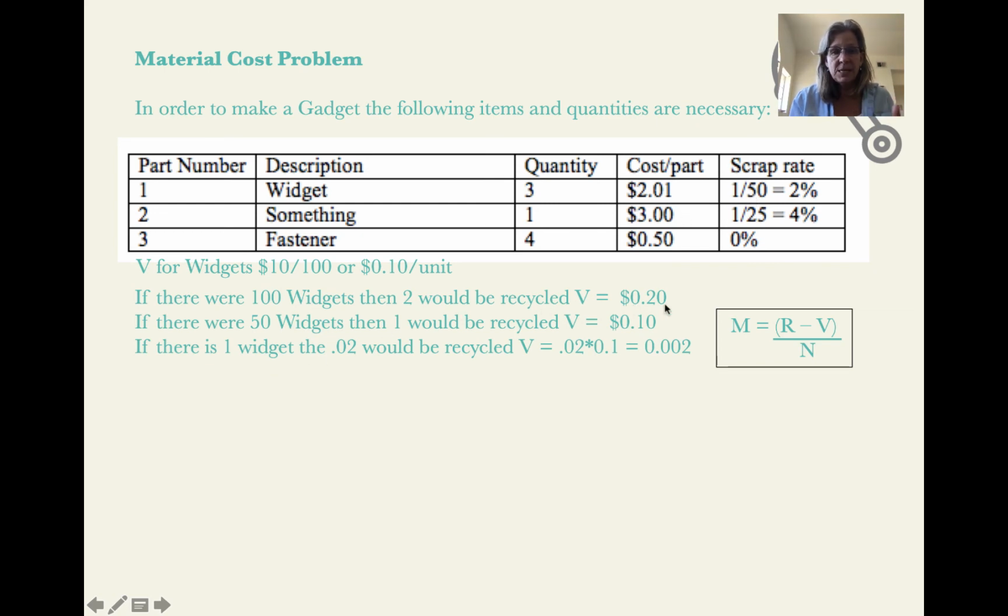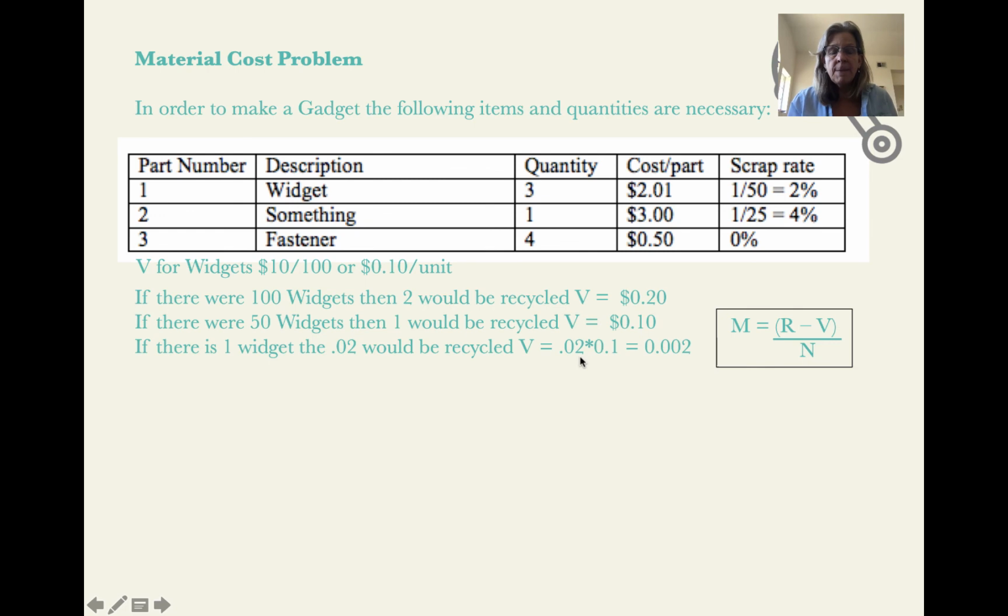So the recycling revenue, if we had a batch of 100, would be 20 cents. If there were 50 widgets in a batch, 1 would be bad, because it's 1 in 50 as we've defined here, and that would be 10 cents. But if there's 1 widget, then 0.02, which is where we get the 2%, would be recycled.